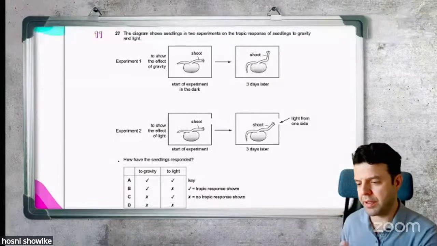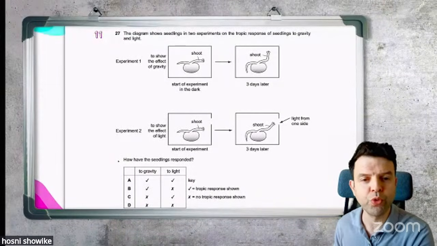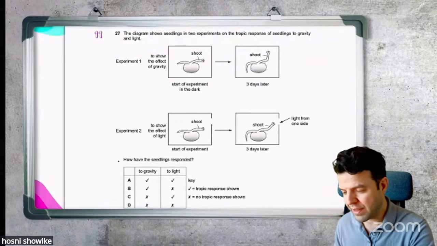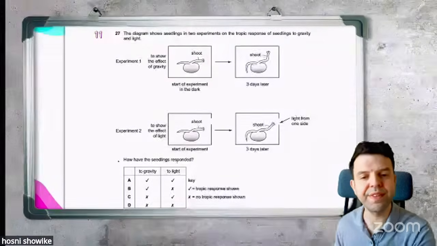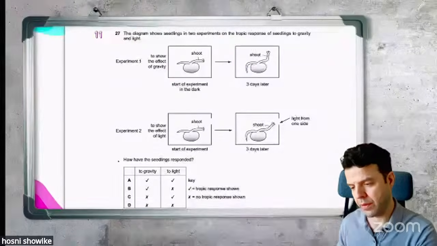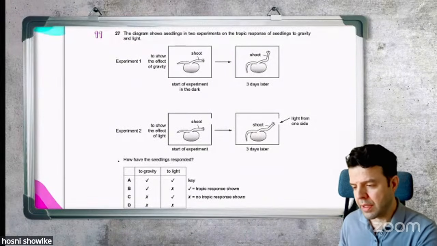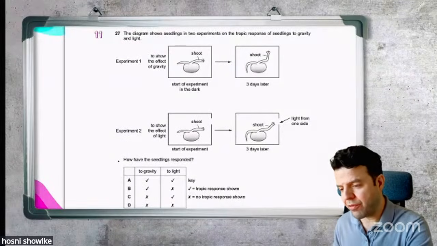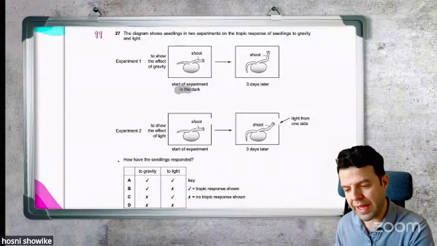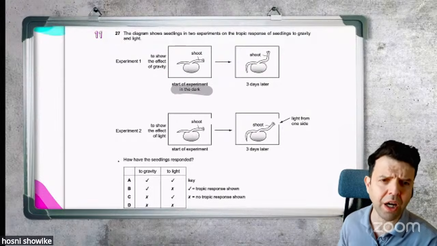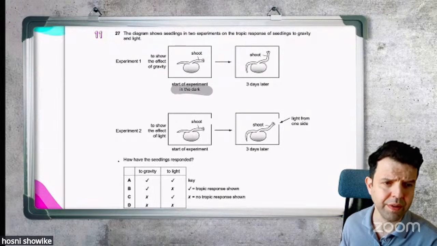Question 11, they have roots and shoots, and they said, how have the seedlings responded? First one, I have done this in the dark, so they can't be responding to light, right?